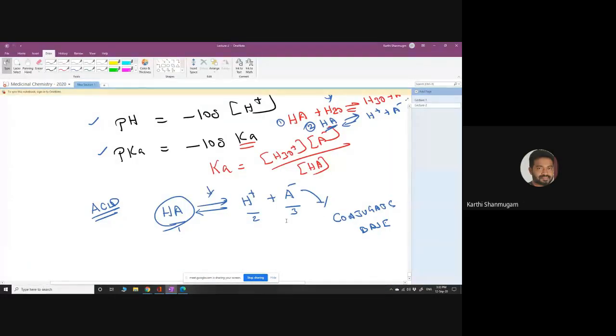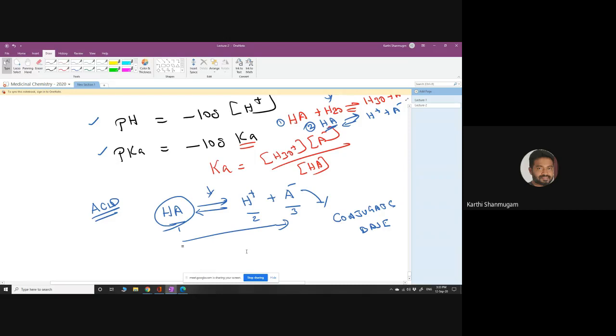Can you now tell which one is the conjugate base here? In this reaction, which one is the conjugate base? A minus, sir. Okay, A minus is the conjugate base, right?